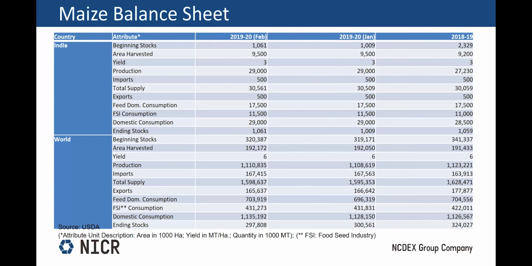This is just an example of how, after doing all those studies, this data sometimes gets presented on various websites. This is USDA data, that is United States Department of Agriculture data, which tracks global crop acreages, including maize, which is an important cereal grain in the world.